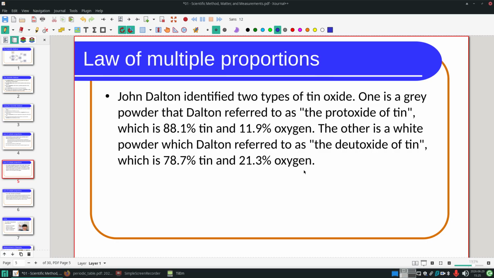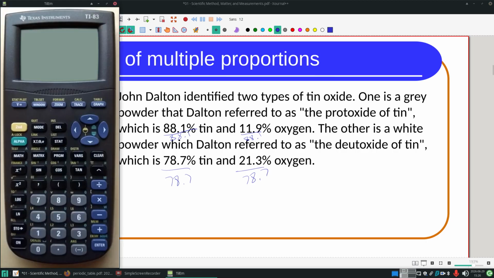So what I'm going to do is essentially divide this by 88.1, and divide this one by 88.1, and divide this by 78.7, and this by 78.7, just like what we did to get ratios out of things. So 88.1 divided by 88.1 is 1, but 11.9 divided by 88.1.